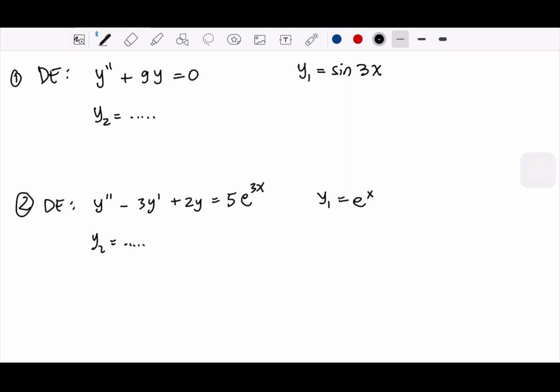If this is too difficult, maybe just substitute. Substituting with u times y1 is the safest way to avoid any mistake on the integral.